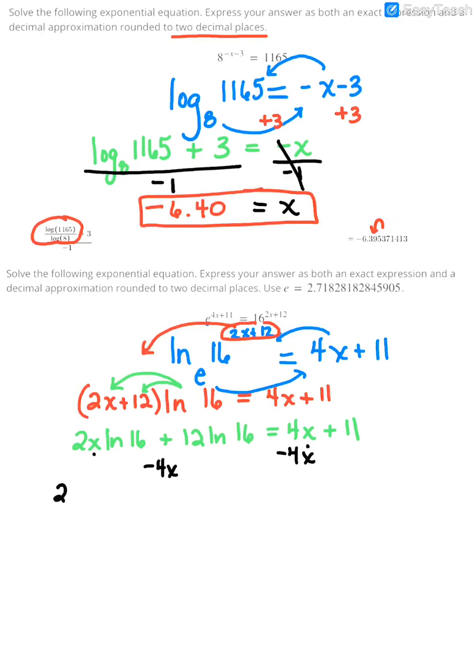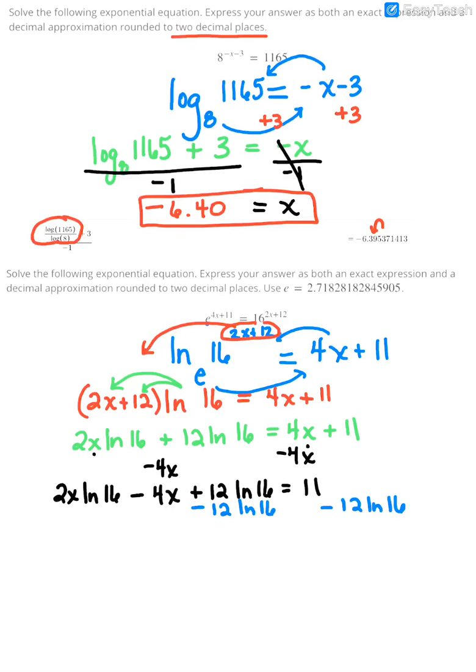So that gives me a 2x times the natural log of 16 minus a 4x plus my 12 natural log of 16 equals 11. And then since this term does not have an x, I need to move it to the other side, and I do so by subtracting it.